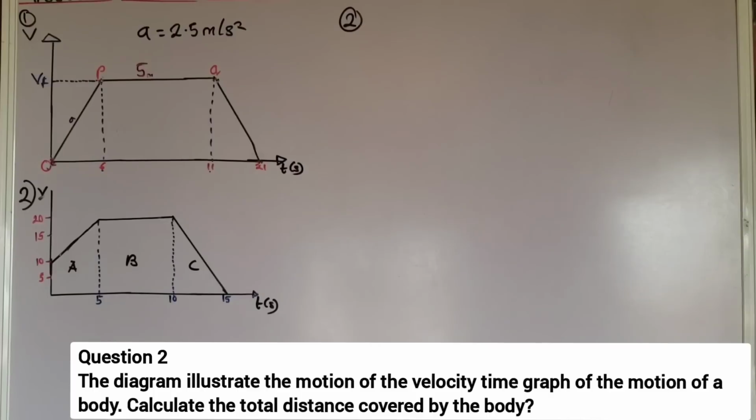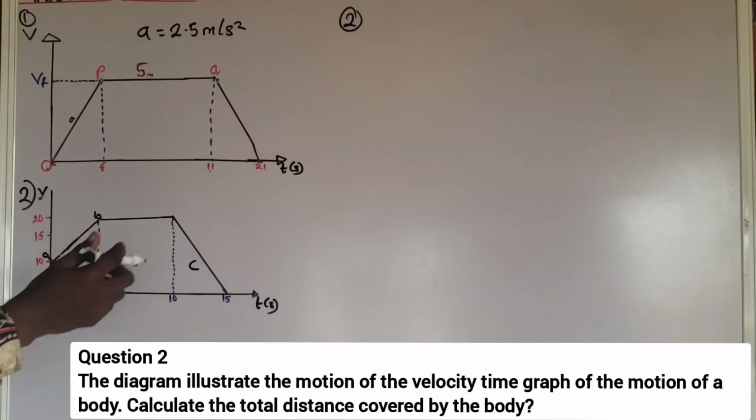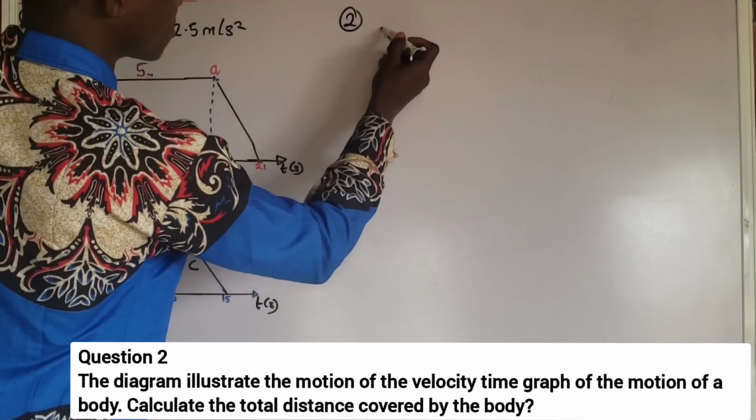So let us take it step by step. Now, the first shape is this shape. Let me give it a letter. Let's call this shape A, B, C, D. So the first shape is A, B, C, D. Okay, so here we are going to have something like this.